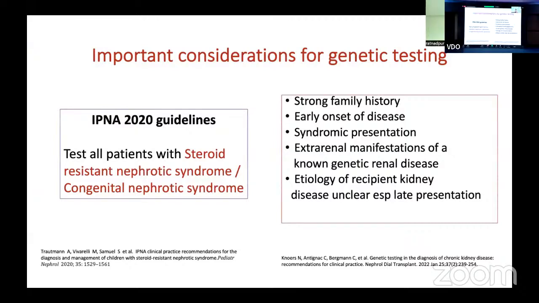Other situations where we have a strong family history, very early onset of disease, a syndromic presentation where we have renal involvement along with extrarenal manifestations that would really point towards a genetic basis. And the etiology of a recipient kidney disease is unclear when you've done your host of tests, including the biopsy. And in this situation, when they come to you late, a genetic test may be of benefit.